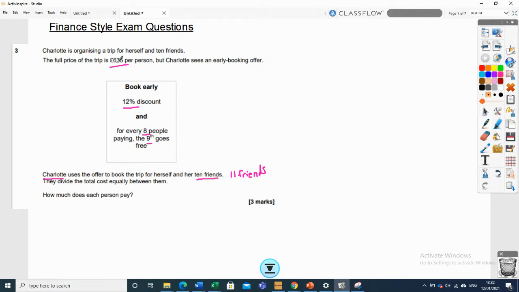It costs £635 per person, but look, for every 8, the 9th goes free. So one of these friends is going to get it for free. So we're only going to be paying for 10 people. So it's 10 times 635 is the full cost.